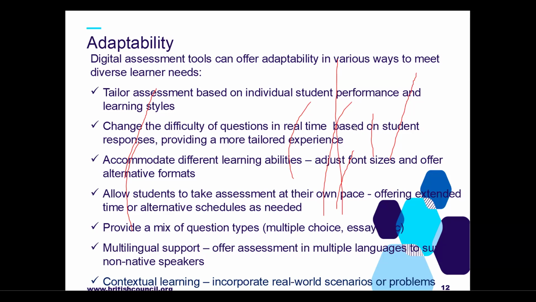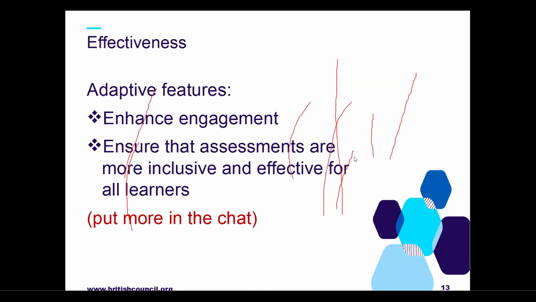Maybe you can keep texting in the chat also how you adapt these digital tools at your own level, at your own schools. Apart from what we have here, you can share with us how you adapt. David Amayo says here, contextual learning sets space for authentic assessment.